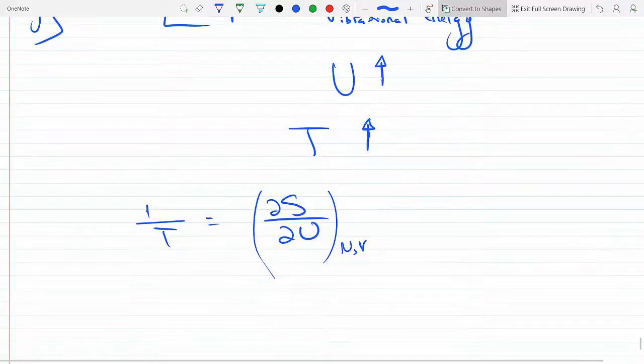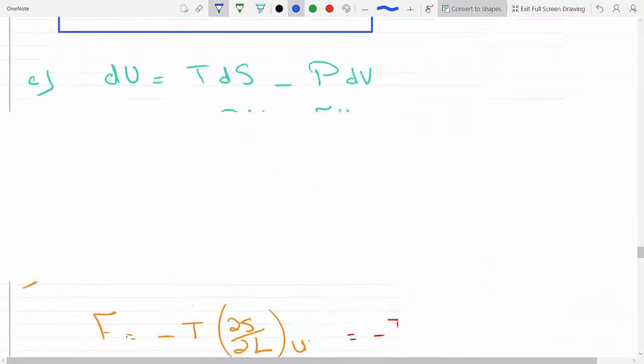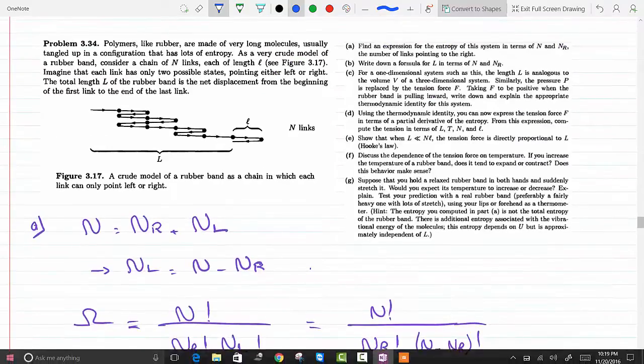So as U increases, so does the T, because for this ratio dS over dU, although we'd have an additional entropy created, the slope would get shallower, and as a result we would get a higher temperature. I think this is enough discussion on this problem. That does it.